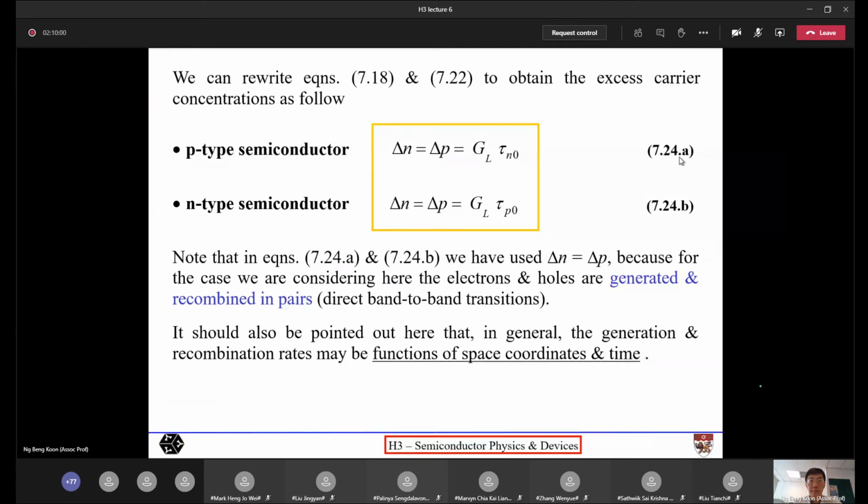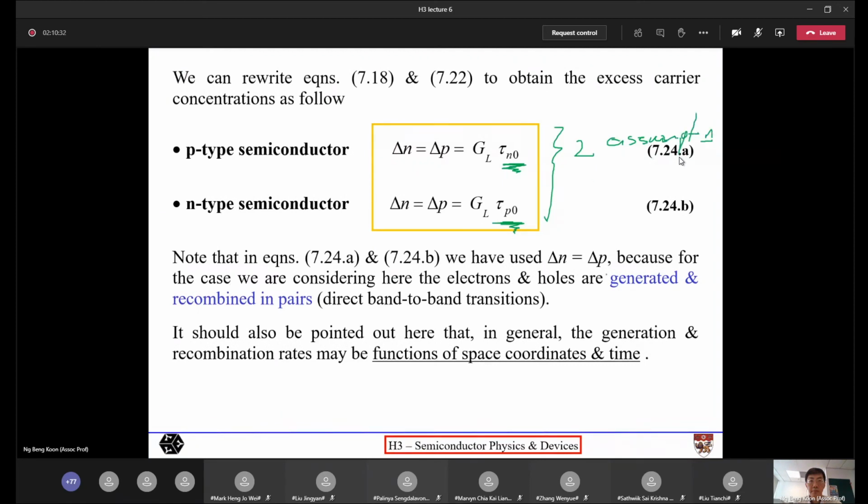For P type, you would use the minority electron lifetime. For N type, the parameter is that of the minority holes. Remember this is only applicable if the two assumptions are valid.